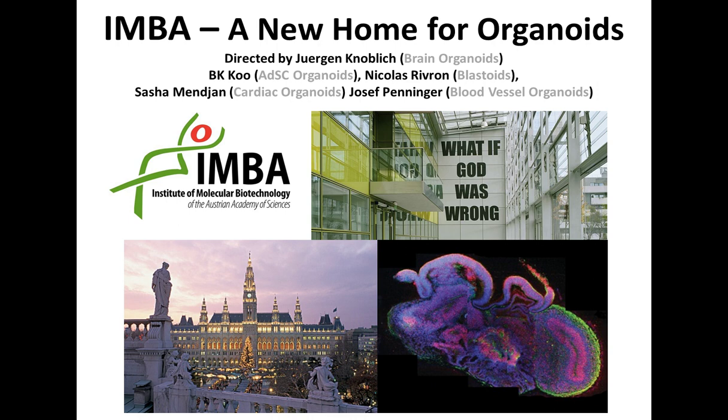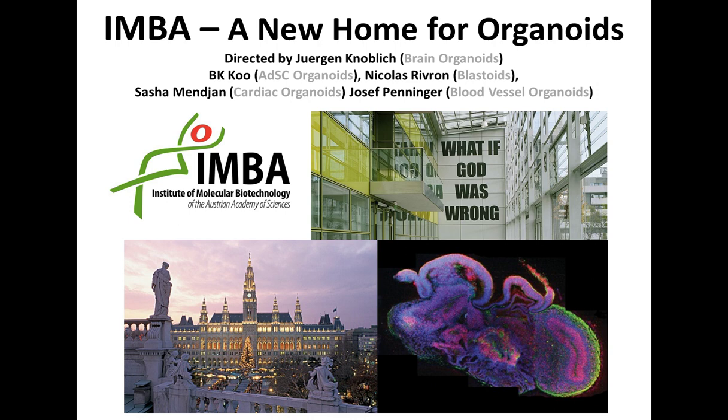Next, IMBA is my home institute, and this is a European institute located in Vienna, Austria, and I think it's a very nice home for organoid researchers. The institute is currently directed by Professor Jürgen Knoblich, who established brain organoids for the first time.